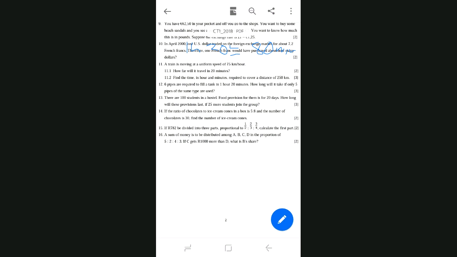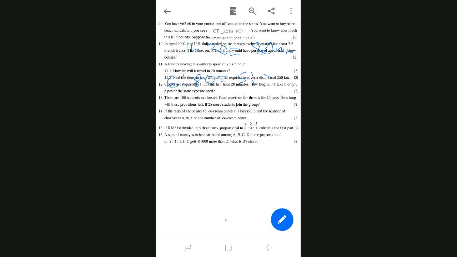Okay. Then we can simply use ratios here. When I have 6 pipes, it will be 6 is to 80, equals 5 is to, I don't know the time, so I'll make it x.